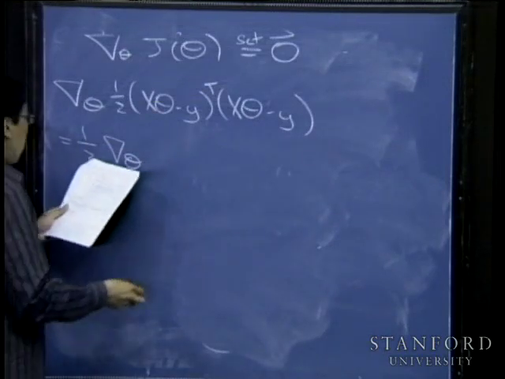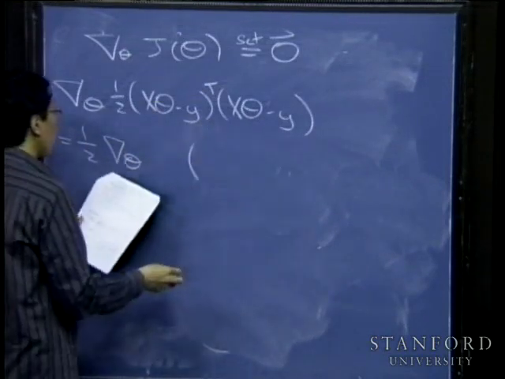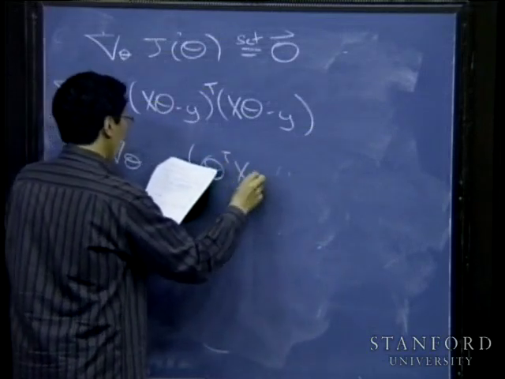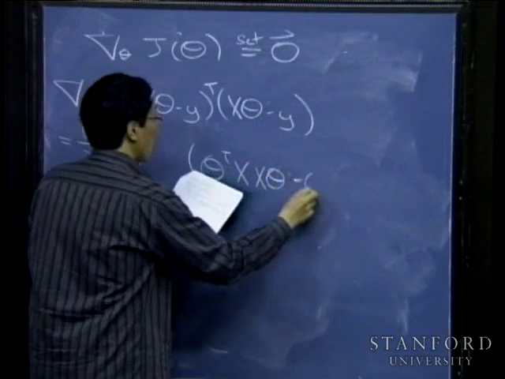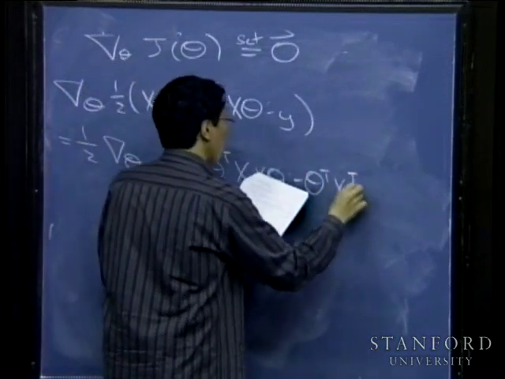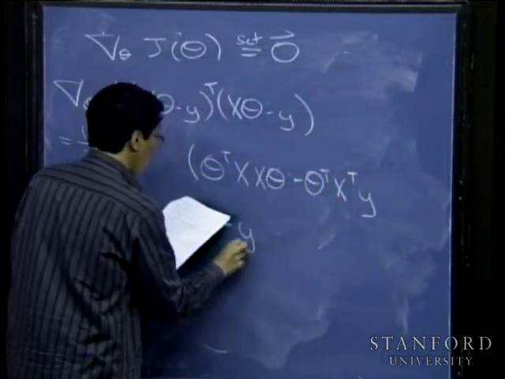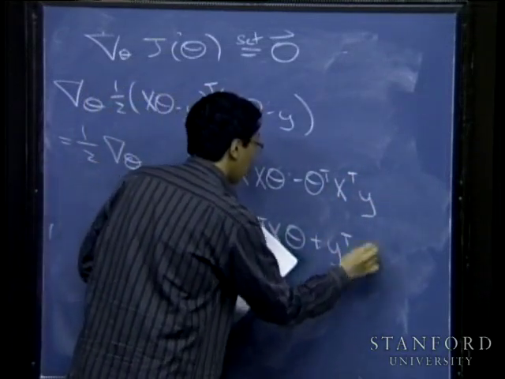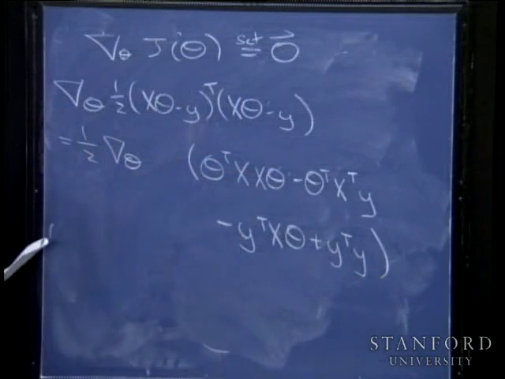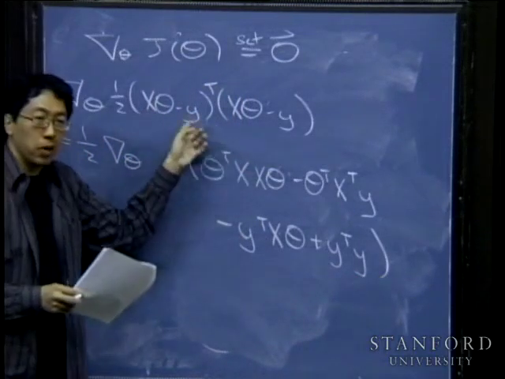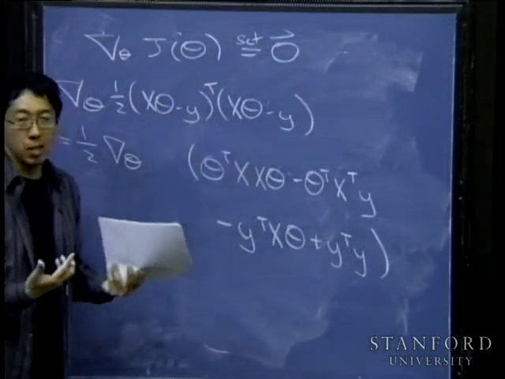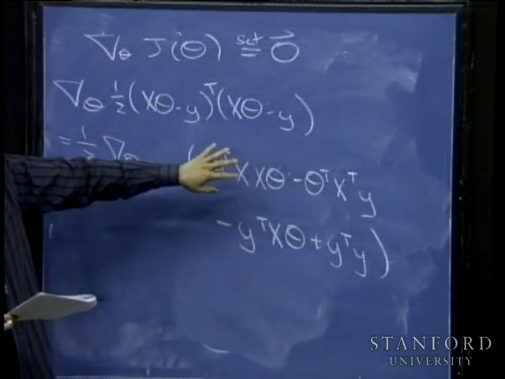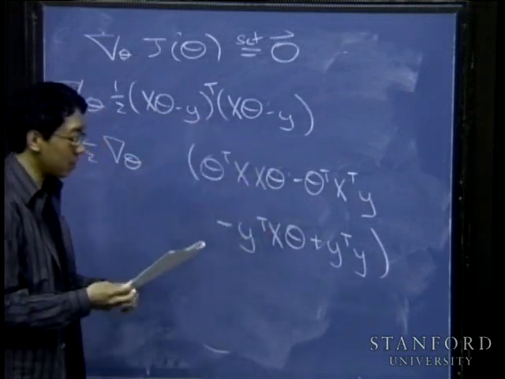So that's equal to, I'm going to expand out this quadratic function. And this is just taking a quadratic function and expanding it out by multiplying the arguments. And again, work through this step later yourself if you're not quite sure how I did that.